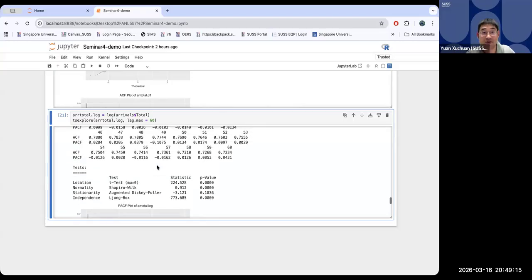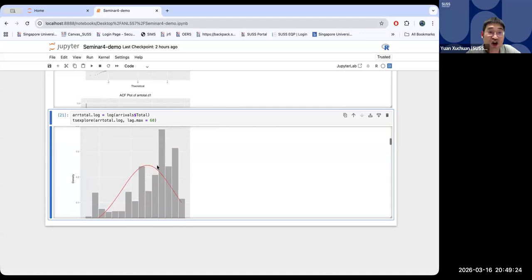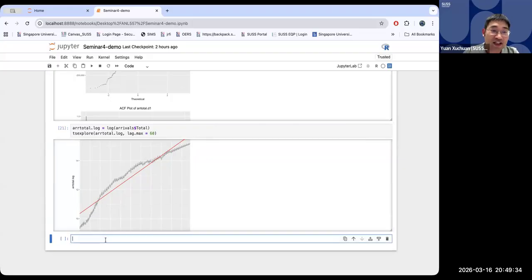They are non-stationary for sure, so you need to do further. Maybe for this log transformed series, you need to do a further difference. Maybe we can try the second order difference on the log series.